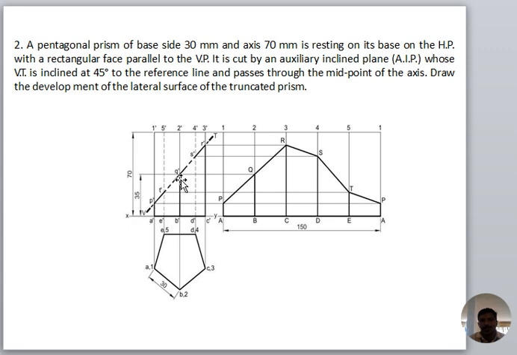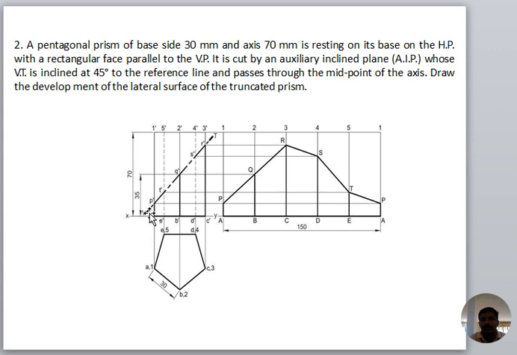To this rectangular shape, for example, I am taking 45 degrees to draw the line here to mark each and every generator. Every generator is cut by the auxiliary inclined plane and marked one by one.